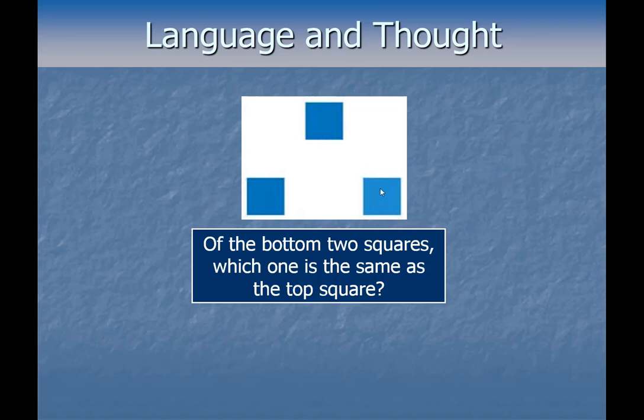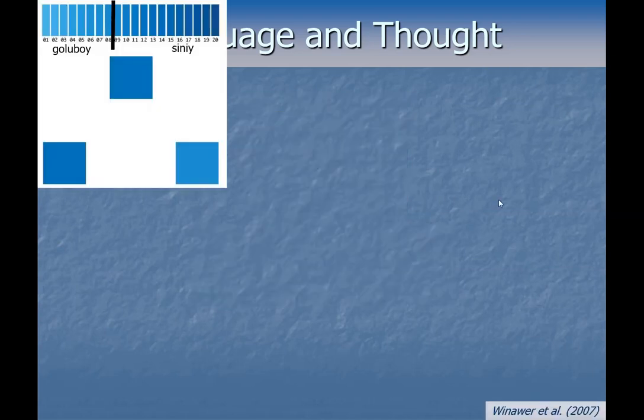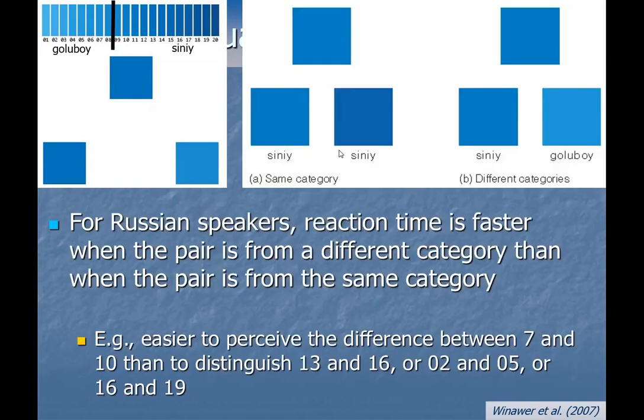And of course, we can make the one that doesn't match very slightly different from this one, or we can make it very different, like this could be green or red or something very obvious, right? But usually we're going to be testing things that are a subtle difference, and we want to see if we find a difference for people who speak different languages.